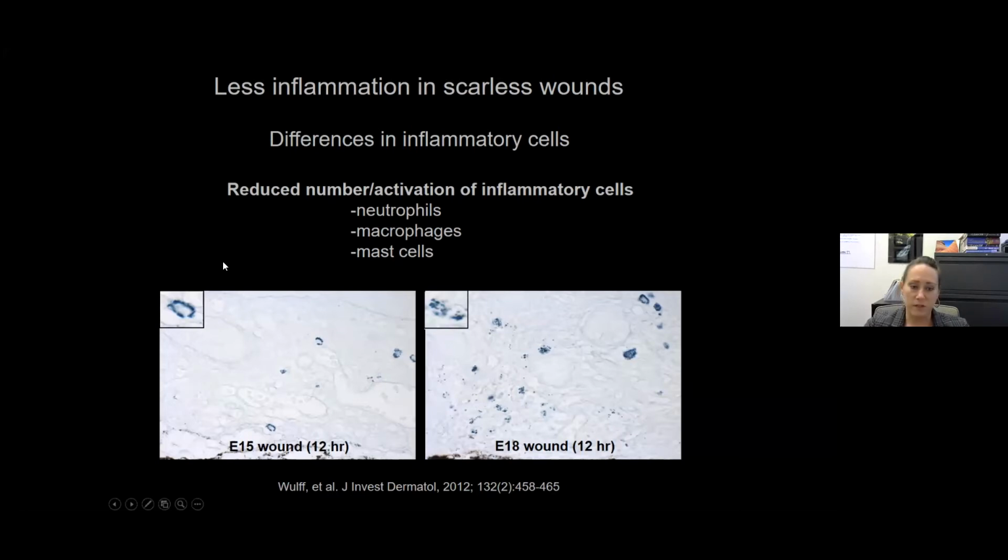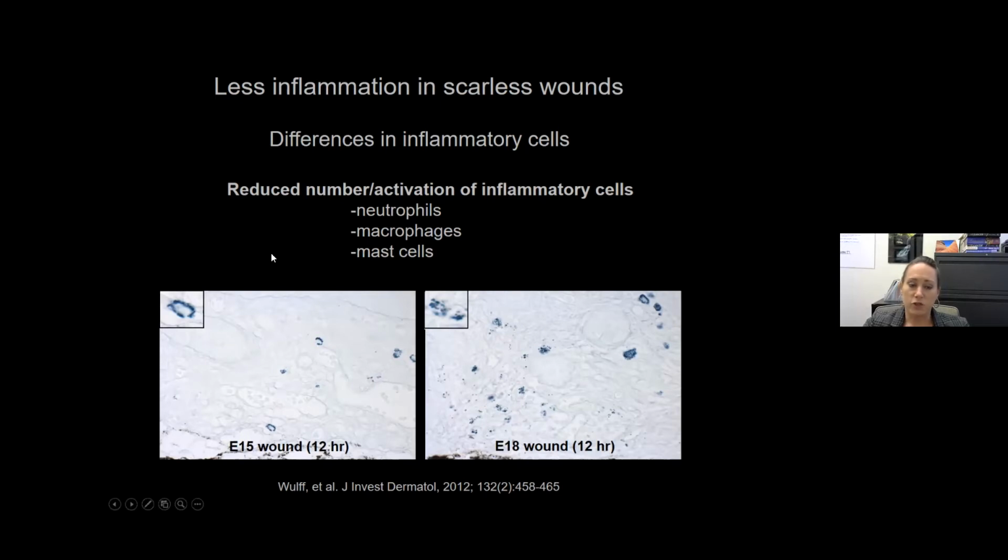This is one example here. This is a control wound that's been injected with PBS at E15. We injected PBS into the wound, and you see that it heals very nicely with no scar formation, as you would expect if you injure the skin at this time point.